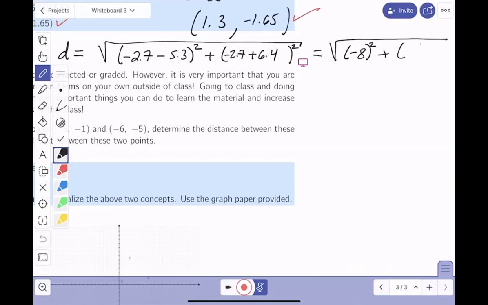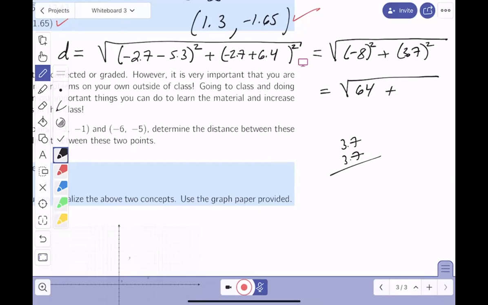Plus, let's see, 3.7. Let me check that. 3.7 plus 2.75. Yeah, looks pretty good. I got to do some work now. This is terrible. It's going to be 64 plus, well, I got to do that 3.7 squared now. And I'm not being able to make a mistake, by the way. I really mean that. So 3.7 squared.